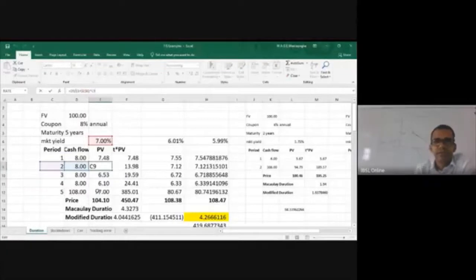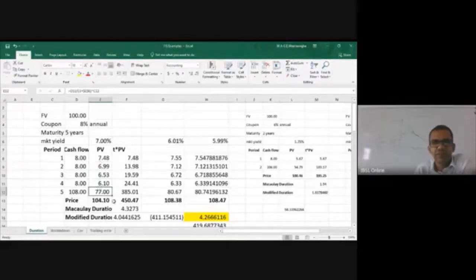So if you calculate the present value of each and every cash flow and add them together, you will get the price, 104.10. So this is the price we discussed last week, how to calculate this.